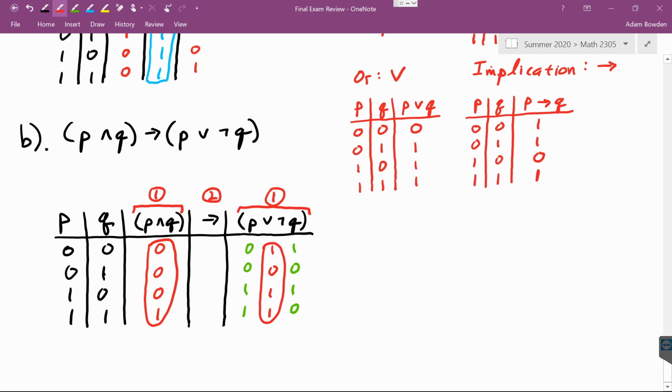The first one is 0 implies 1, which has a truth value of 1 with implication. 0 implies 0 is a truth value of 1. 0 implies 1, truth value of 1. And then 1 implies 1, also truth value of 1. So that completes this particular truth table.